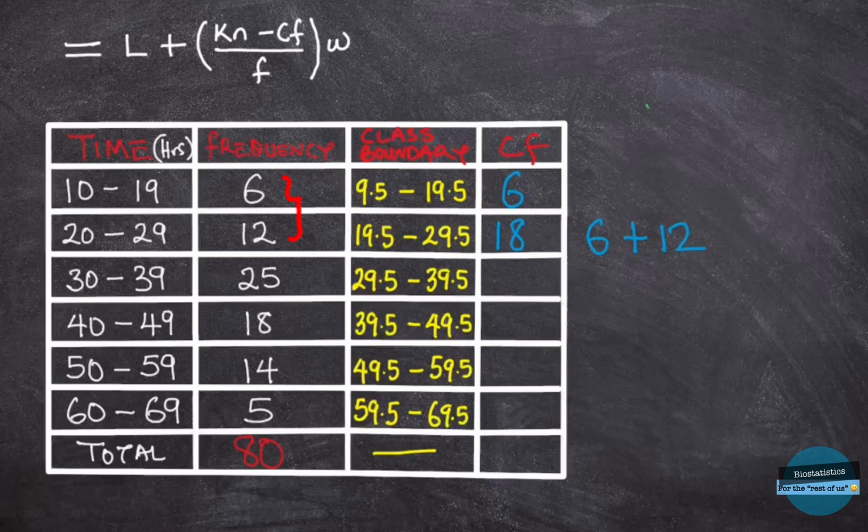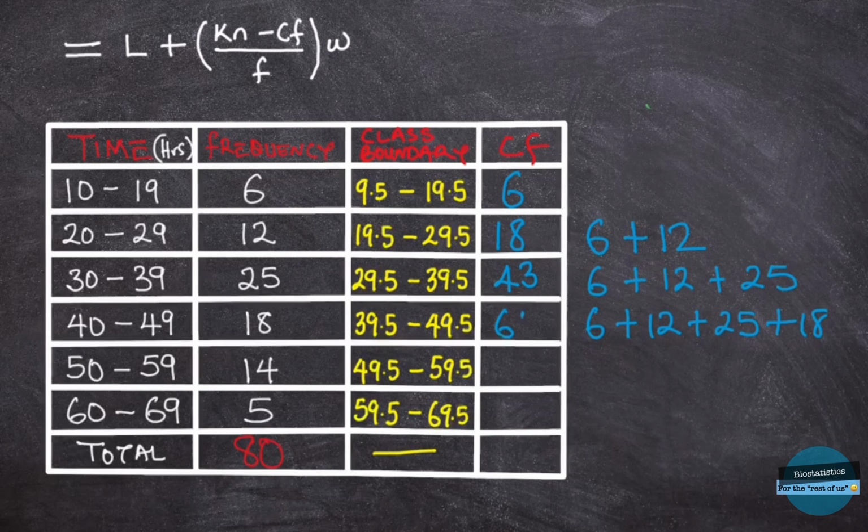Now, what this means is that the total frequency of students up to 29 hours is 18. Because 6 people read for 10 to 19 hours and 12 people read for 20 to 29 hours, right? The next one will add 6 plus 12 plus 25, and so we'll have 43. Then 61, 75, and lastly 80 if you do the maths, all right?